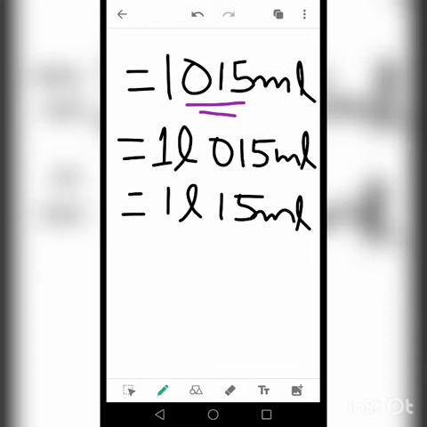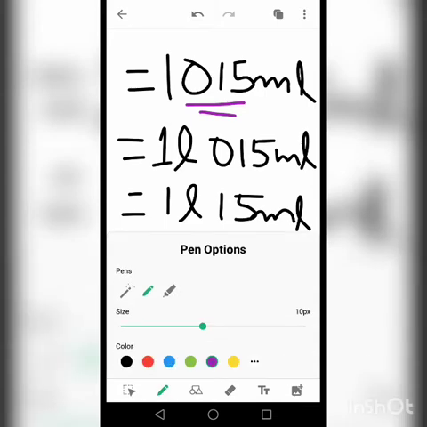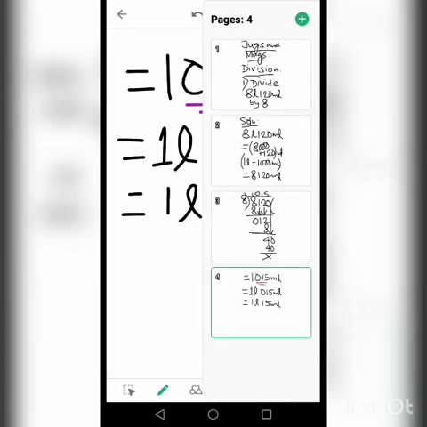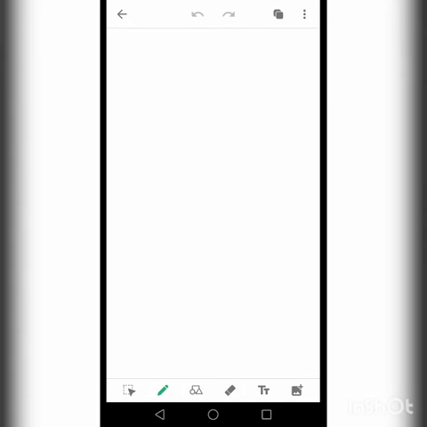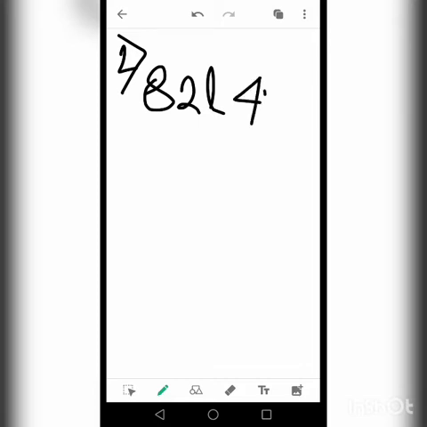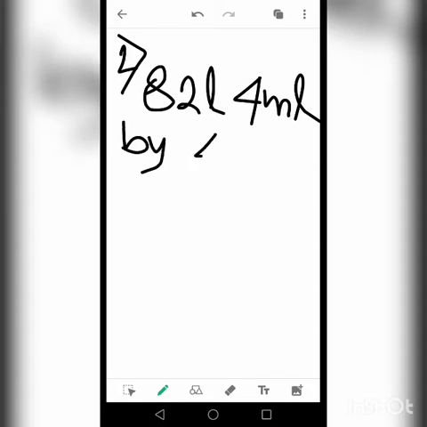Now moving to the next sum. Suppose again you have been asked to divide 82 liter 4 milliliter by 4.